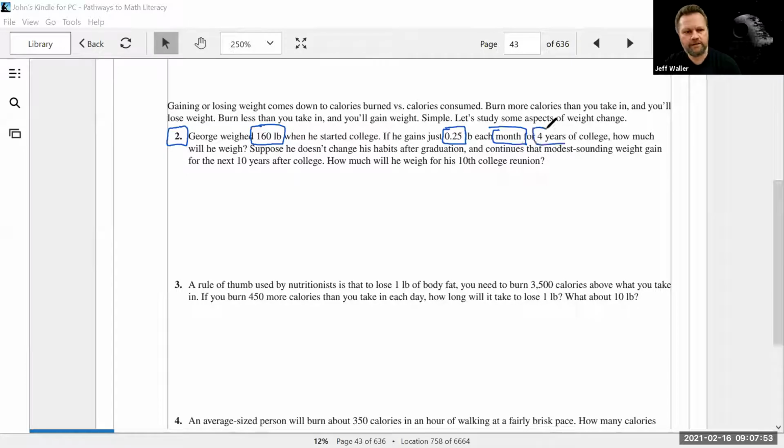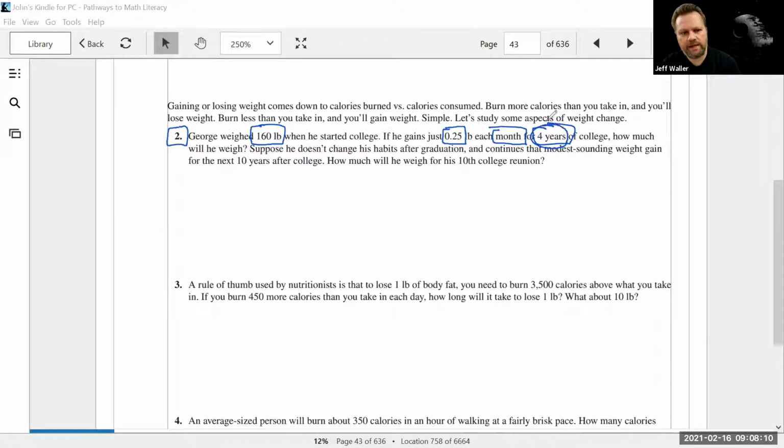So if I just knew how many months that was, I could do what you just did, right? If I know for 2 months it's 2 times 0.25, for 3 months it would be 3 times 0.25. Well, it's going for 4 years.